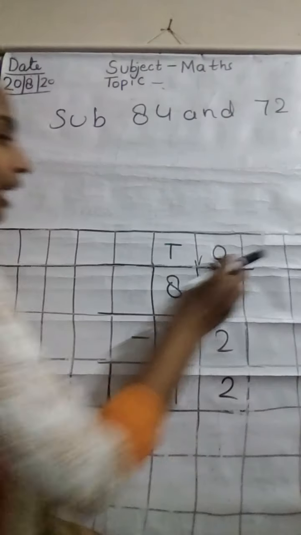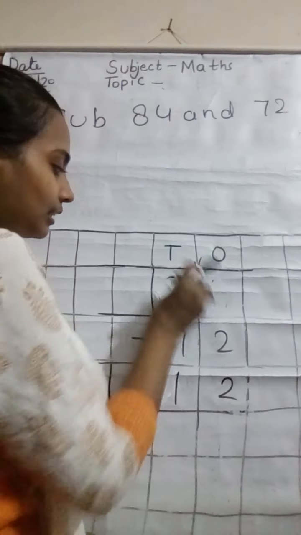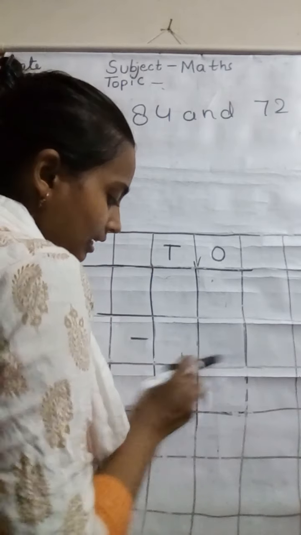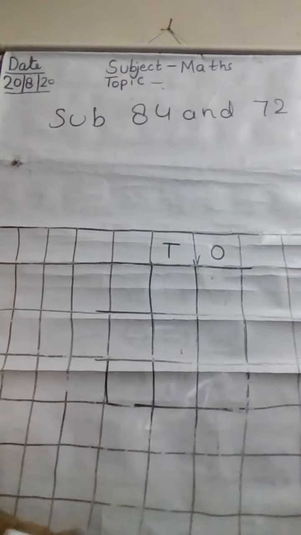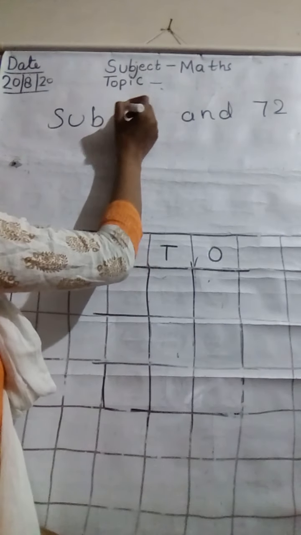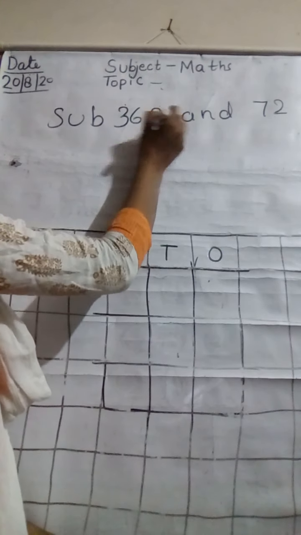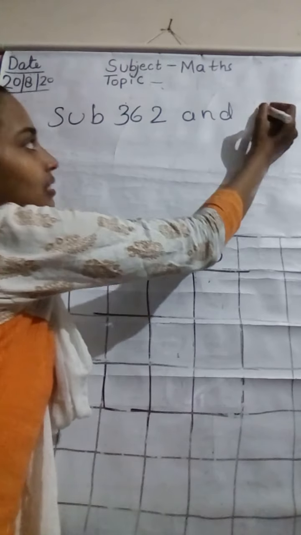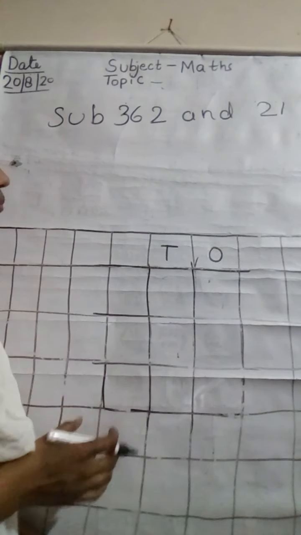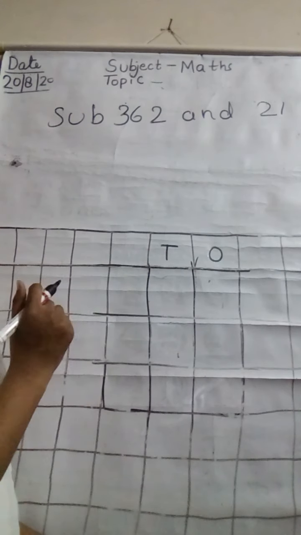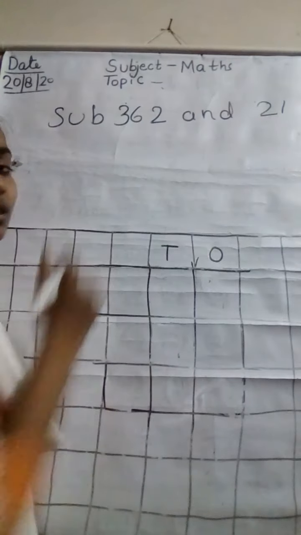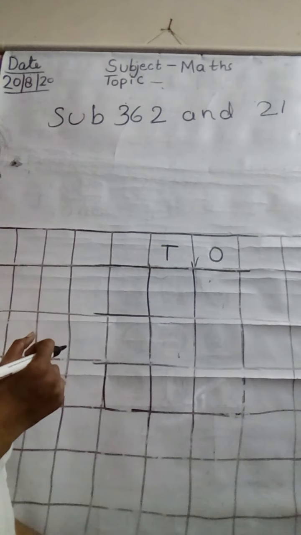Children, if I take 362 minus 21, then how to subtract? But children, this is a 3-digit number and here it is a 2-digit number. Is it subtractable?